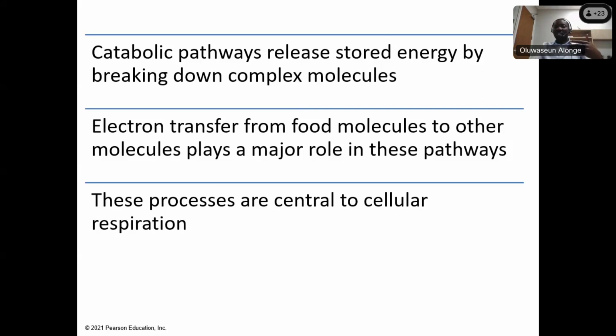And anabolic reactions are the same thing as endergonic reactions because they absorb energy from the environment. So energy transfer from food molecules to other molecules plays a major role in this pathway, and this process is central to cellular respiration.